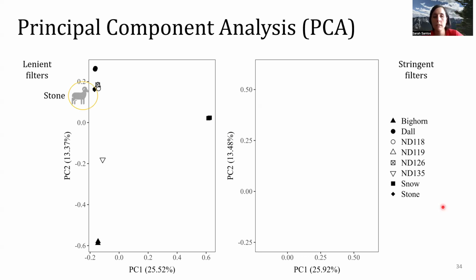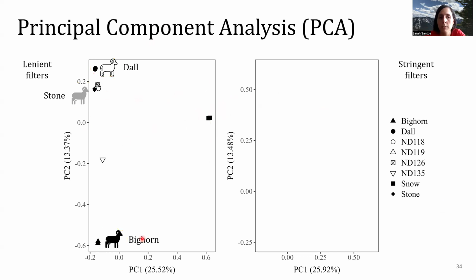And so with the contemporary species, we have stone up there and then Dall. We also had bighorn down there. So again, the stone and Dall are their own species, so thin-horn sheep. And then we have bighorn as a separate species. We had snow sheep, very distant. So the Asian Pachyceriform is distant from thin-horn and bighorn sheep.